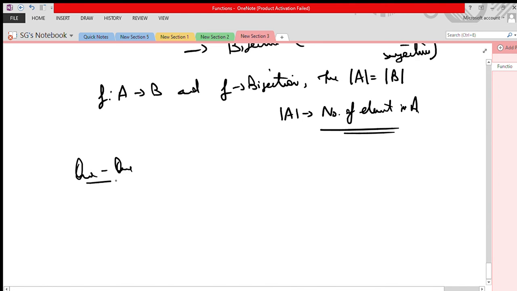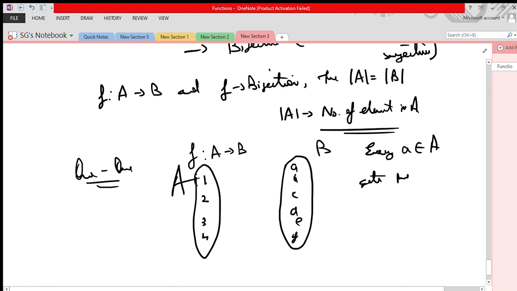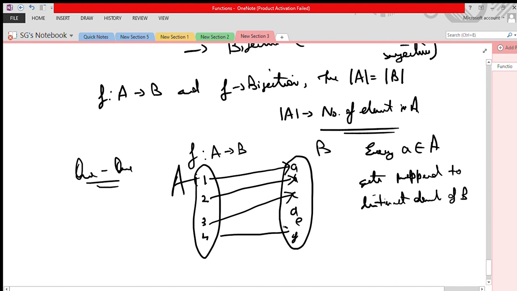Suppose you have a function which maps A to B, and you draw the set A, and here you have the set B. Let's say this is 1, 2, 3, 4, and this is A, B, C, D, E, F. A one-one function is one where every element of A gets mapped to distinct elements of B. That is, if 1 gets mapped to A, no other element of A can get mapped to A. 2 gets mapped to B, 3 gets mapped to C, 4 gets mapped to F. This sort of function is called a one-one function. Clear?